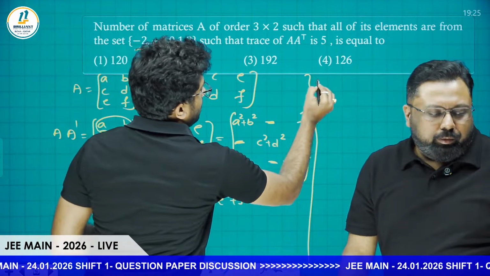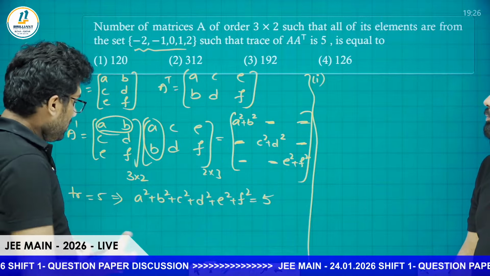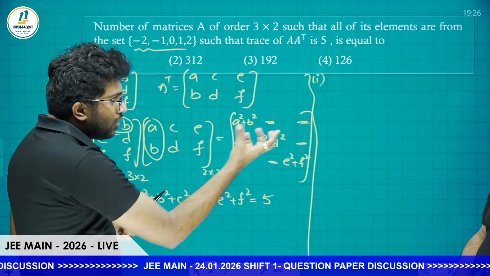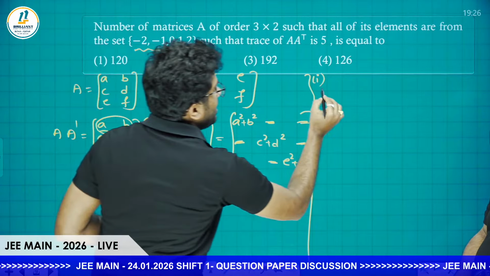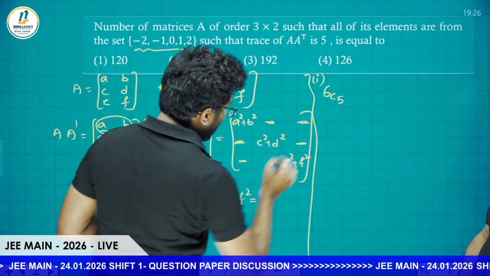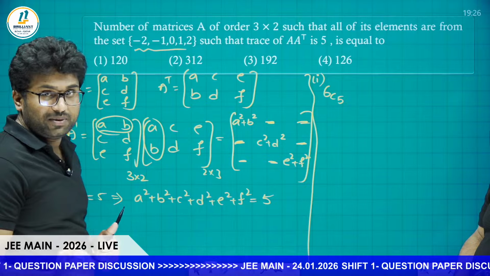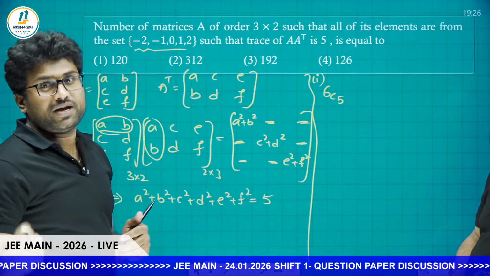We have 6 elements here. Case 1 is 5 ones, which gives 5. For that, first out of 6 elements we select any 5 elements, 6C5. For the selected 5 elements, we give either 1 or minus 1.